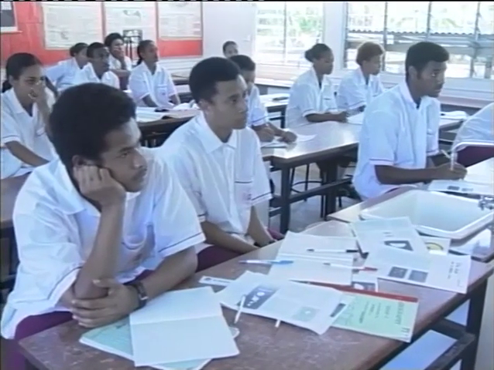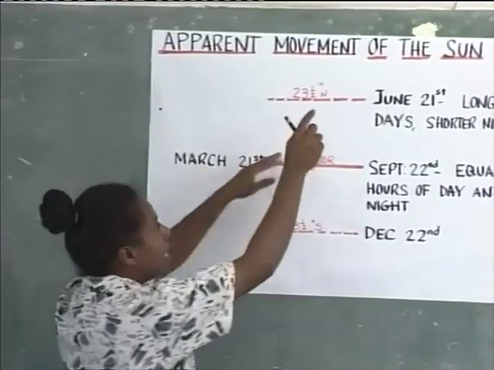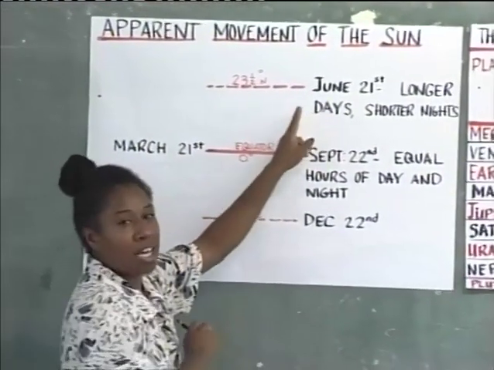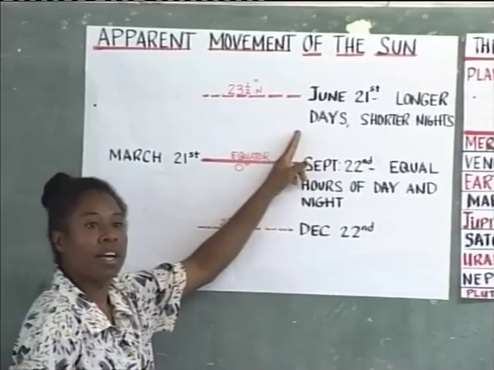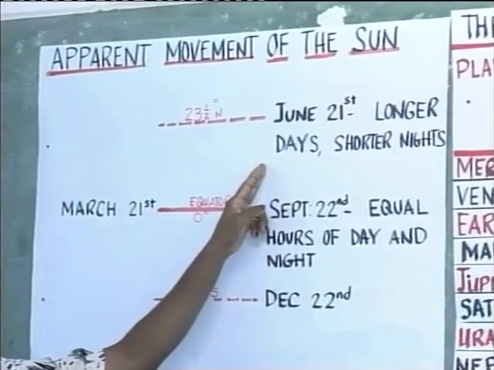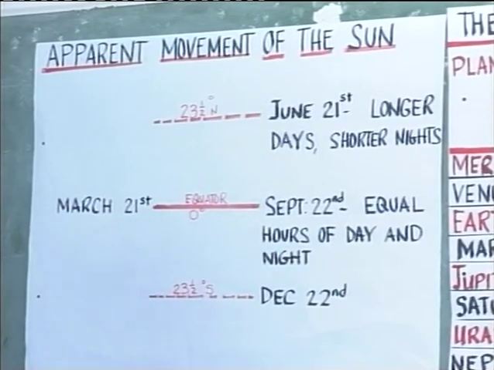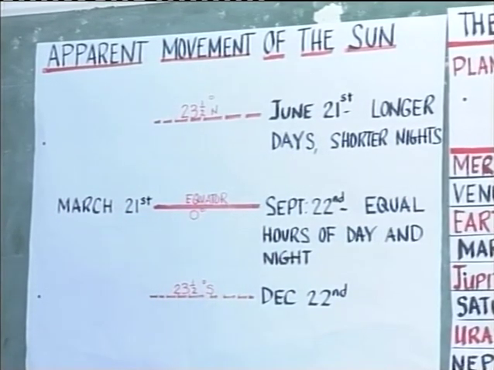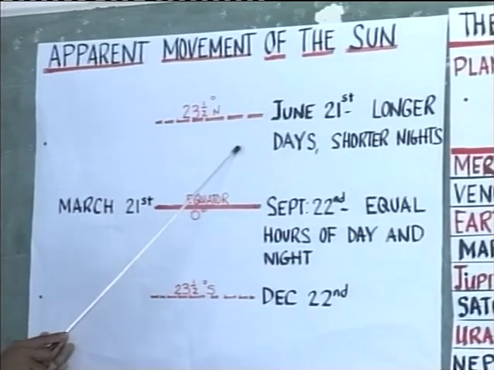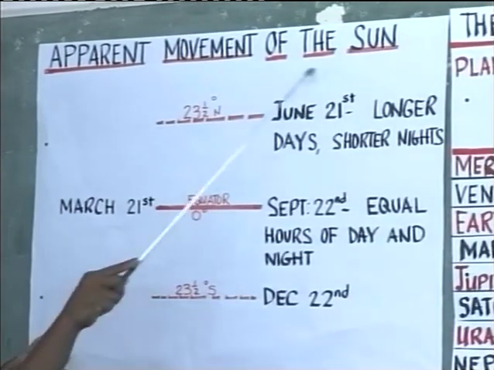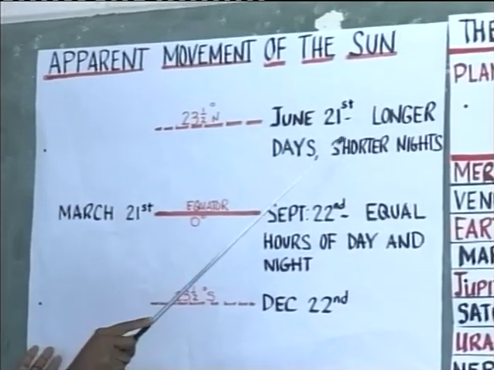So if the areas in the northern hemisphere, when the sun is furthest north, experience 16 hours of daylight, how many hours of night will they experience? 8 hours. So for nighttime, it's only 8 hours for them. Daytime, 16 hours. So here we are saying longer days, shorter nights.